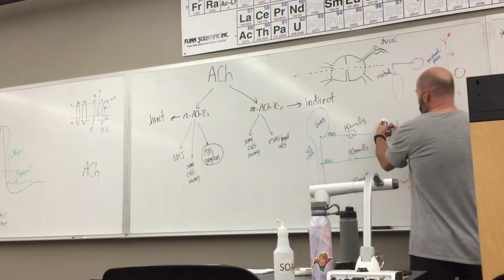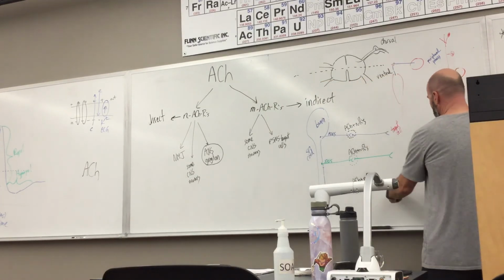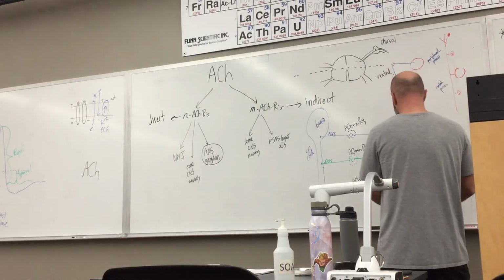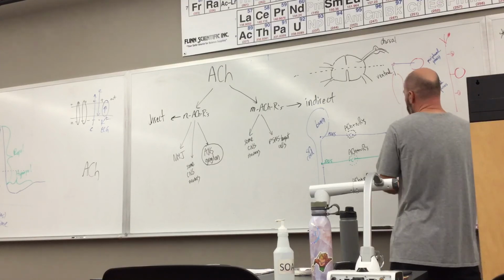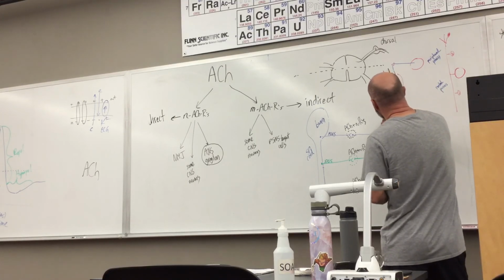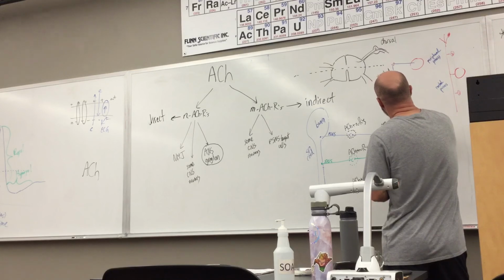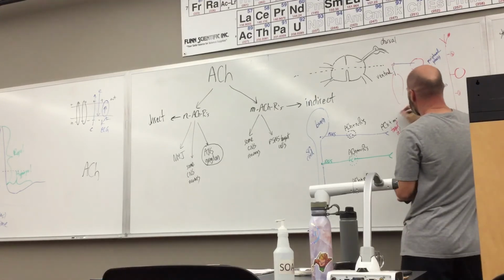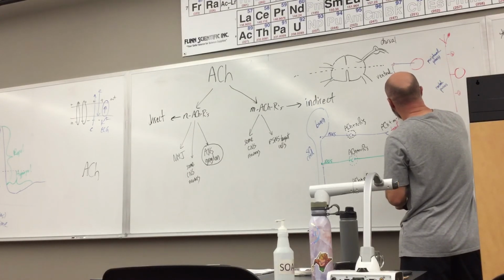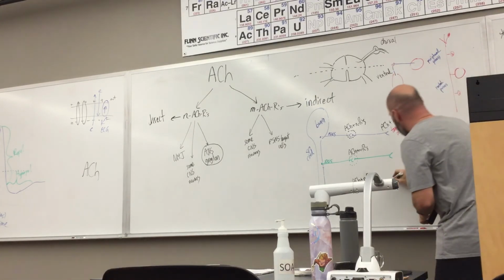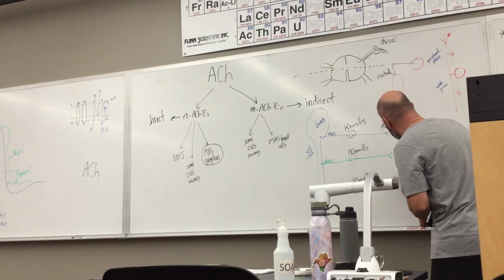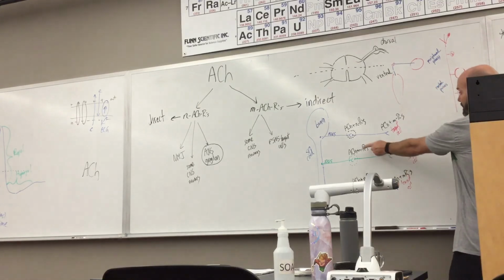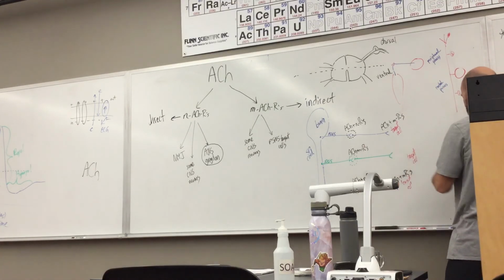So again, neurotransmitter from parasympathetic postganglionic neurons, ACH. But what receptor is it binding to now? Muscarinic ACH receptors. And just for the shorthand, I'll leave off the ACH, just put muscarinic receptors. And then the neurotransmitter coming from sympathetic postganglionic.